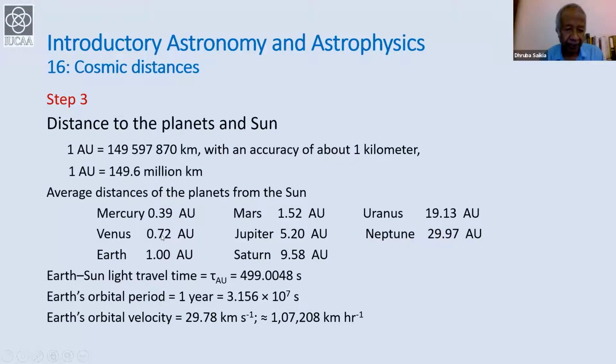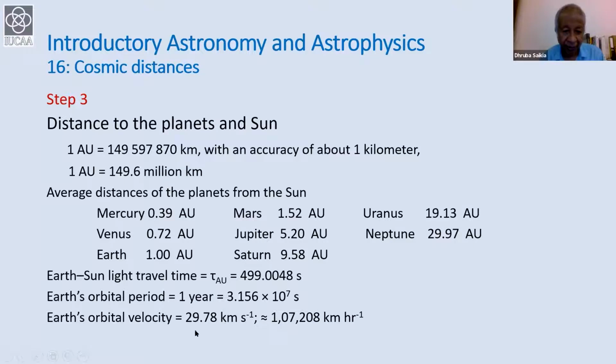And then you can see the inner planets, Mercury and Venus, and then you go outwards further and further away to Uranus and Neptune, which is close to about 30 astronomical units. I've also written down the Earth-Sun distance, which is, again, an easy number to remember. It's about 500 seconds.